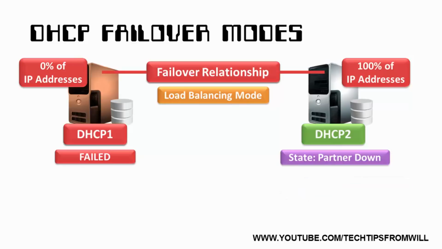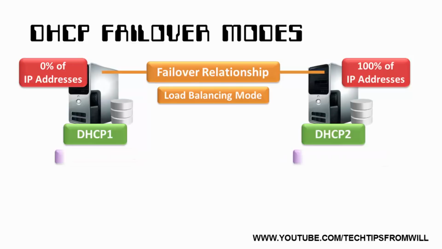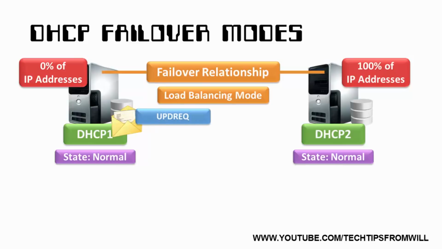When DHCP Server 1 comes back online, it will re-establish its connection with DHCP Server 2. When the connection is re-established, both servers will return to the normal state. Immediately, the server will request all updates to DHCP that it is not aware of by sending an update request packet to its partner.